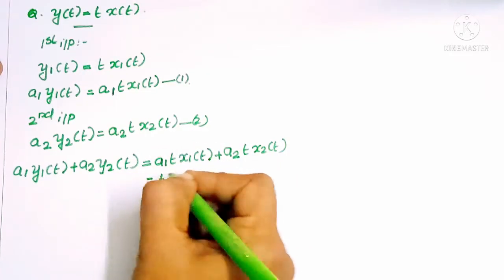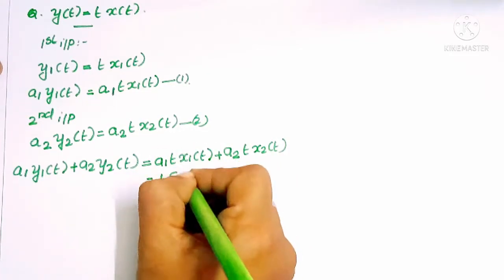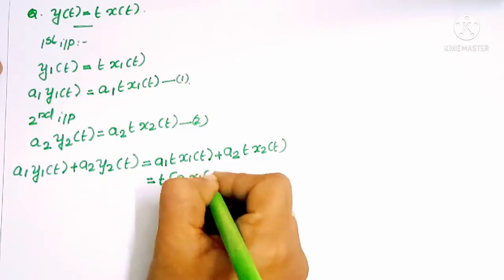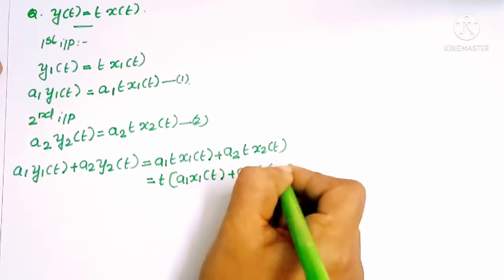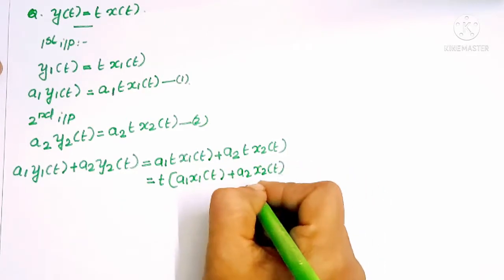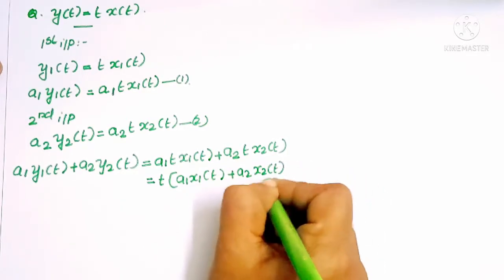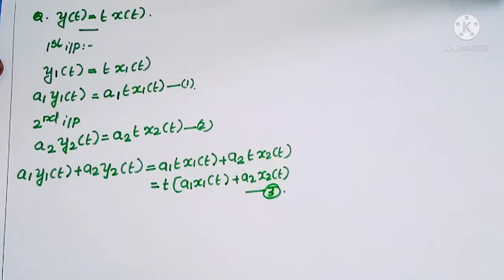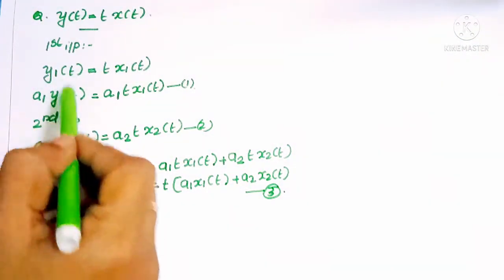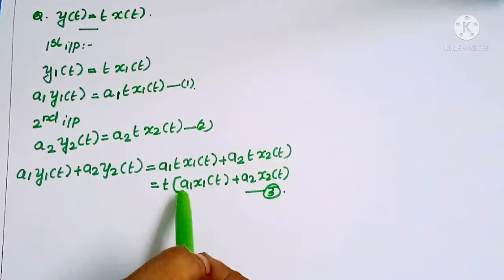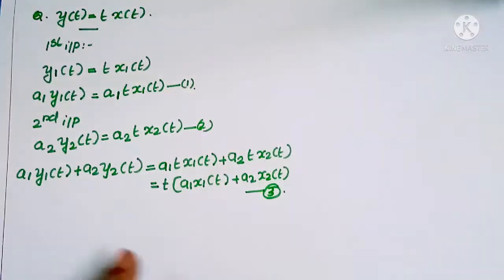Here t can be taken as common. Then a1 x1 of t plus a2 x2 of t. This is equation number 3. Here we take the individual responses of the system, then we add them together, and we get an output signal.